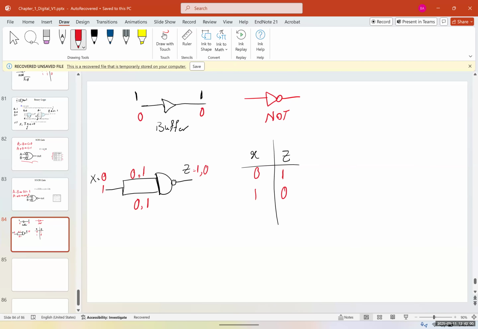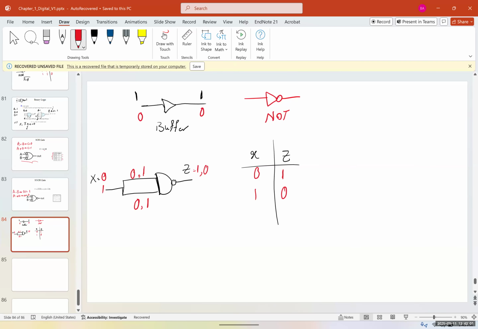It's a NOT gate. So a NAND gate that has its inputs tied together is equal to a NOT gate. So this is also a NOT gate. Is it clear? Yes.